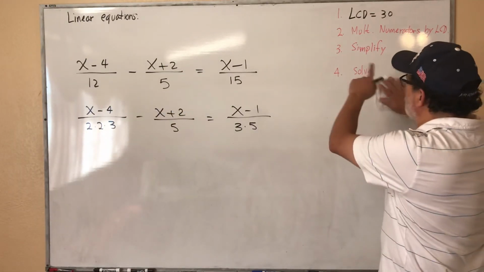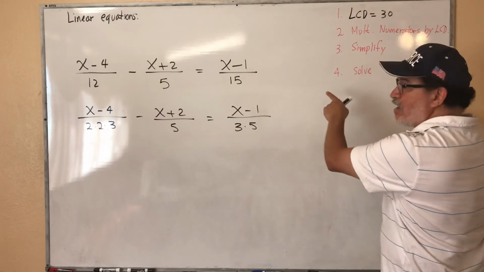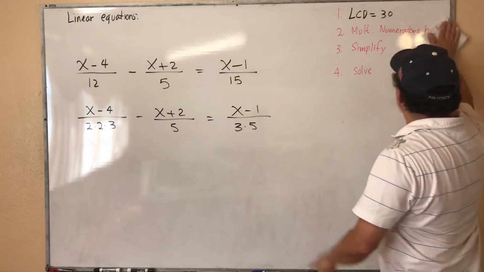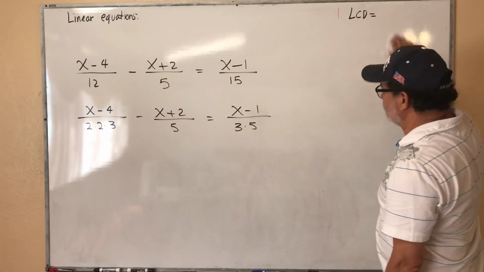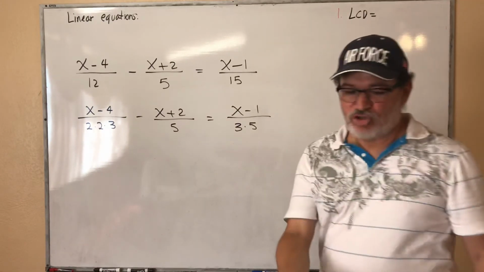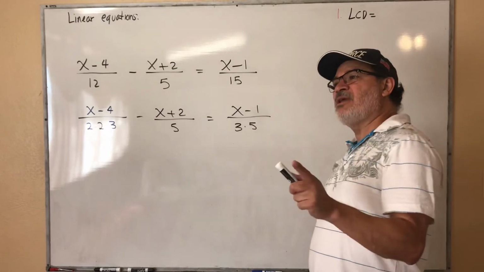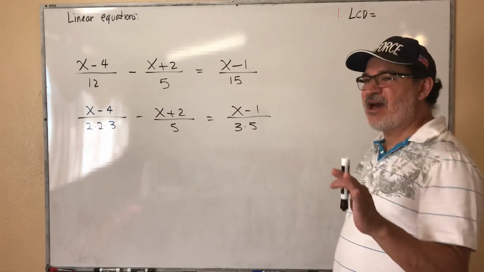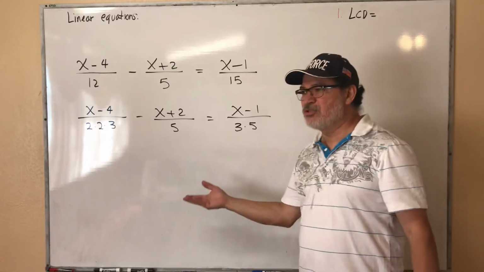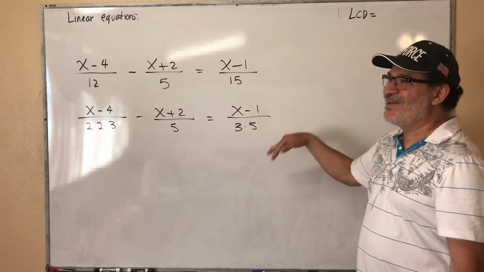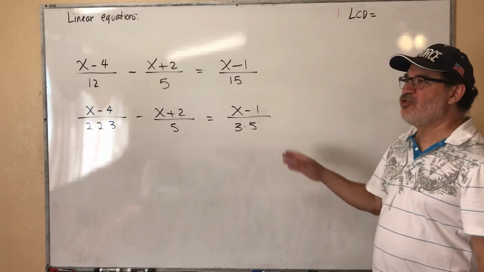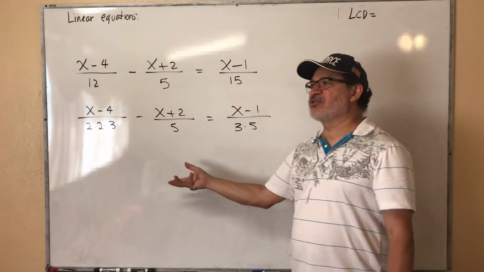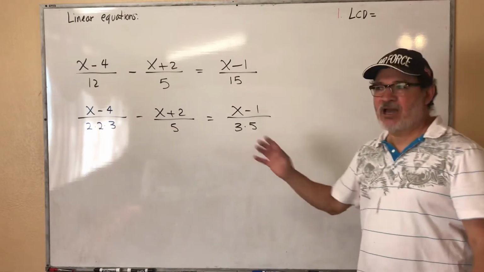Now let me show you how to find the LCD. I'm going to erase this, okay, because we know the steps now. So erase this. Let's find the LCD. So look, the LCD is going to have 2s, 3s, and 5s because those are the only prime factors involved in the denominators.